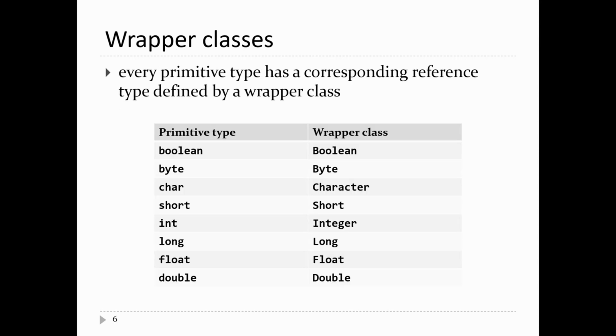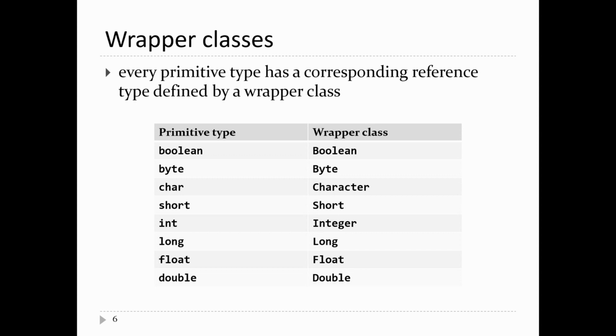So what they had to do is add a bunch of classes that correspond to each primitive type. For the primitive type boolean, there's what's called a wrapper class, whose name is big B Boolean. And for the type int, there is a wrapper class whose type is big I Integer. We've seen Integer before. That's the class that holds MIN_VALUE and MAX_VALUE.